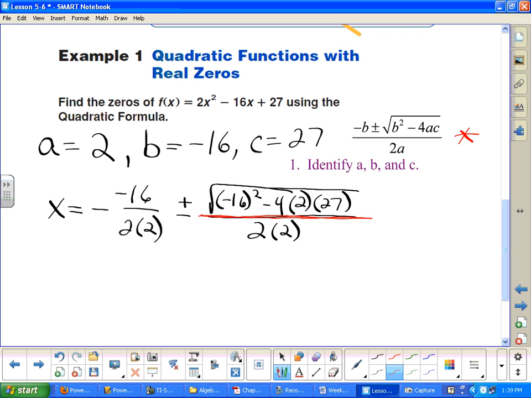The 4 is not under the square root. It's outside of it. So we get 16 divided by 4 is 4. Then we just need to simplify what's in the square root.